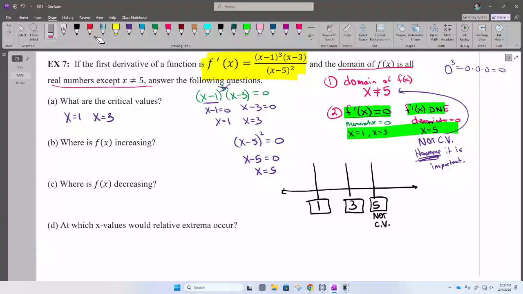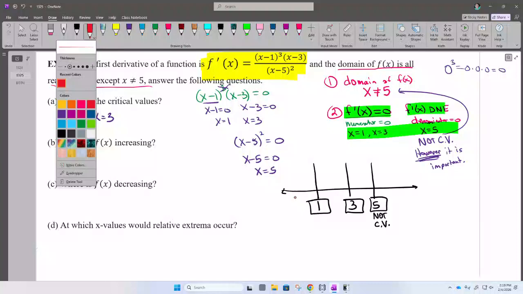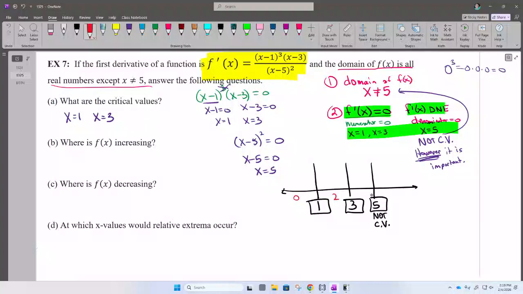Okay. Picking my test numbers to the left and right, I'm going to pick 0, 2, 4, and 6. And where am I going to test these? In the derivative. You're correct. I want to test them in the derivative, and the only thing I care about is whether the derivative is positive or negative.